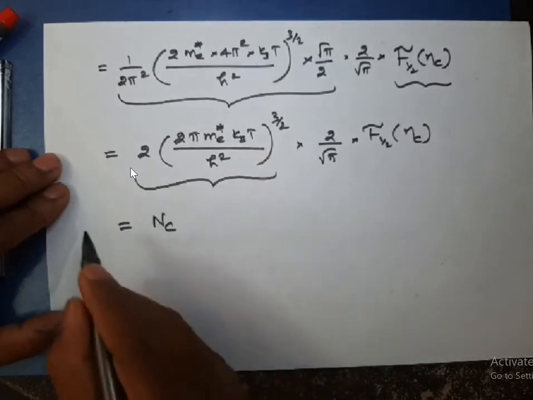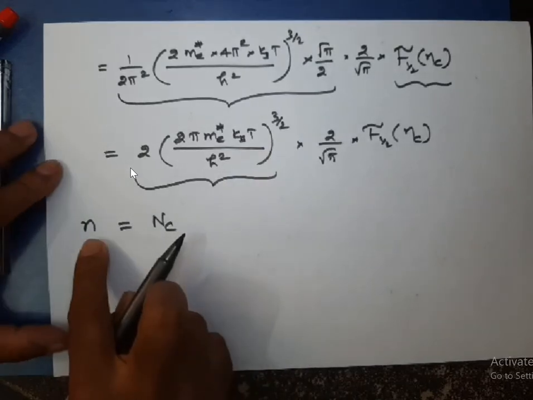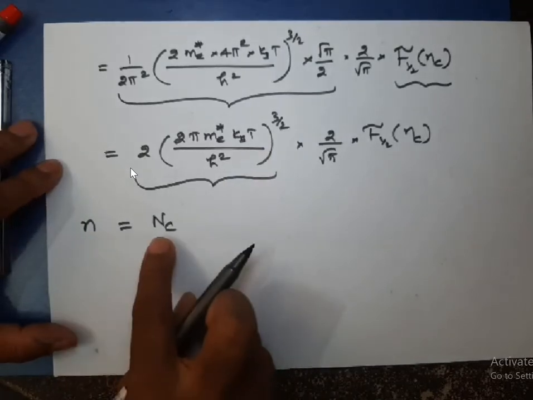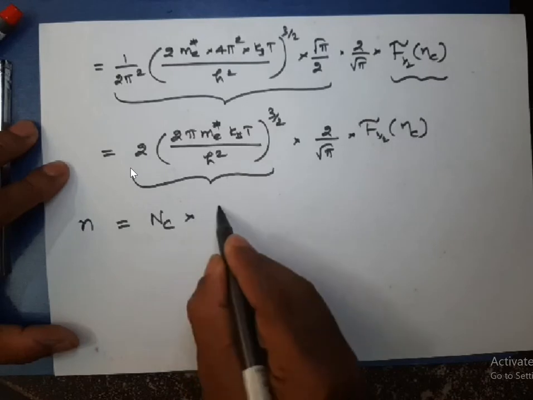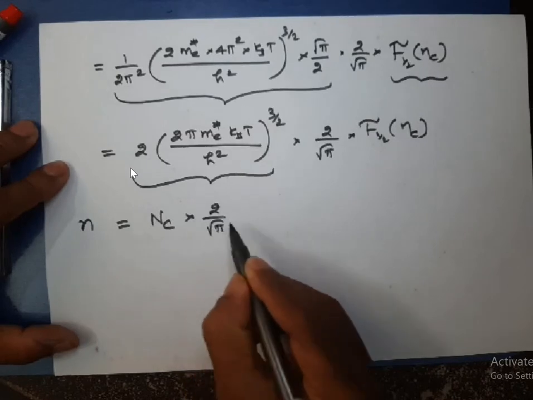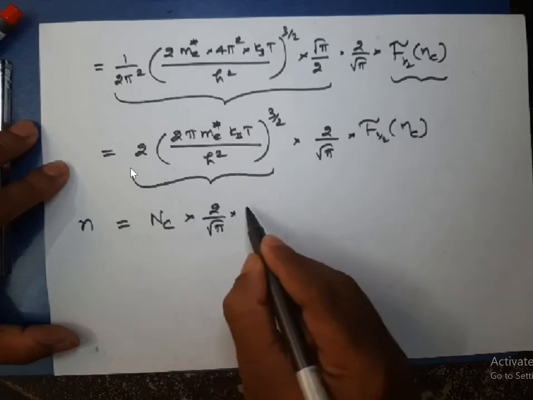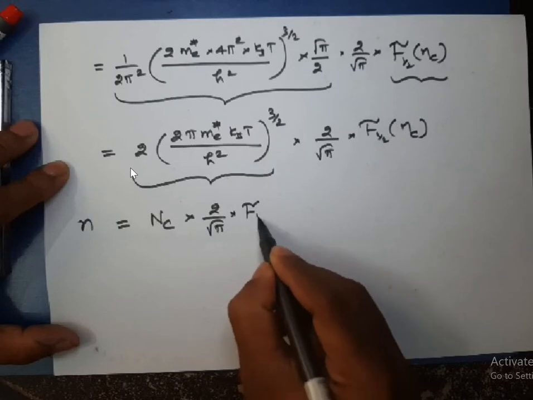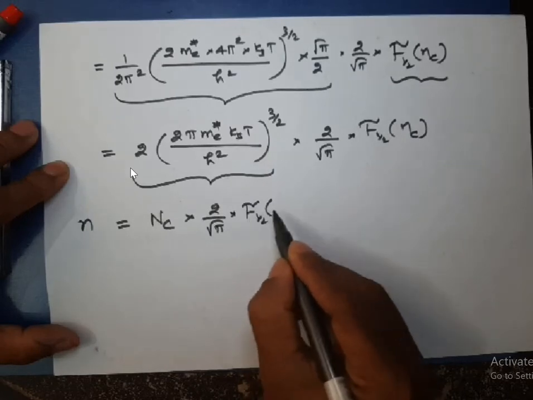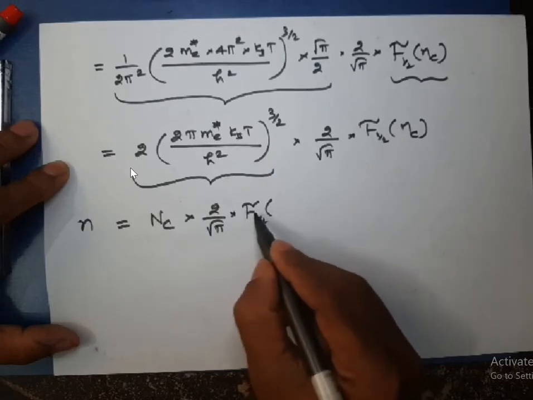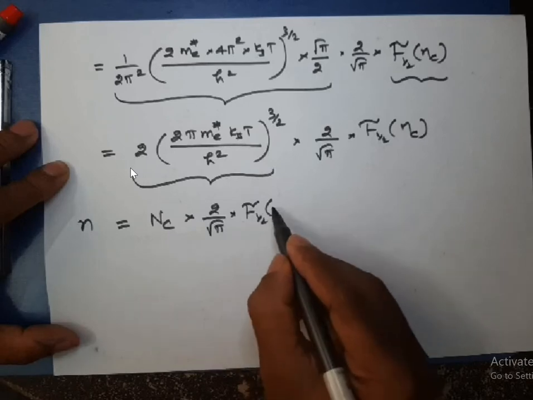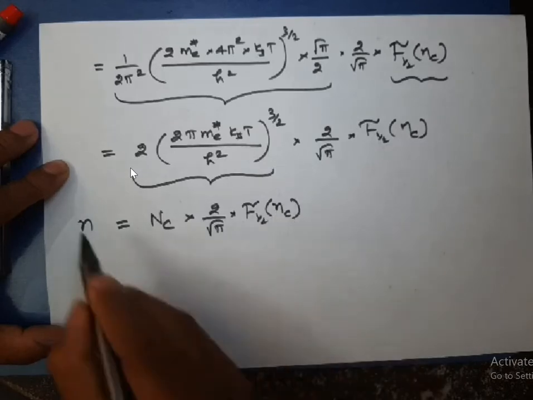So the concentration of electrons in the conduction band is given as Nc into 2/root pi into the Fermi-Dirac integral F_(1/2)(eta_c). This is a way of representing it.